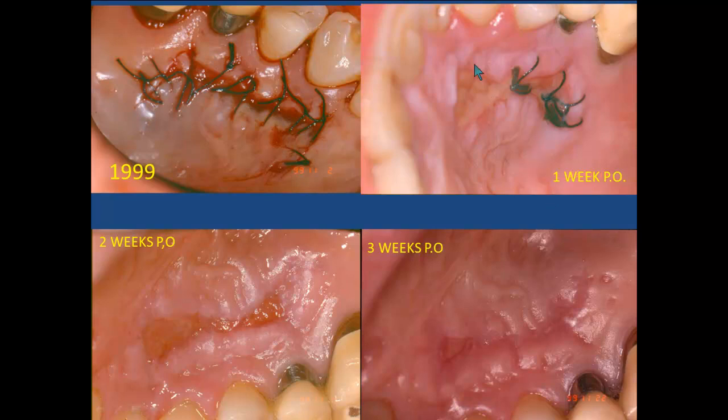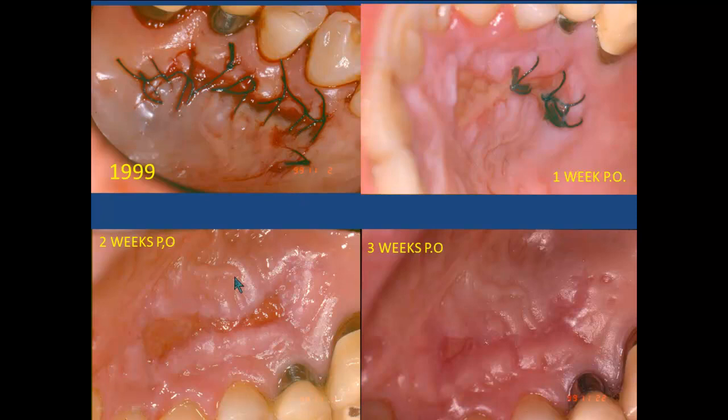Looking at the upper right slide, after 1 week post-operative, you can see the sloughing of the flap at the palatal area, at the incision lines, as the edges of the flap were not completely sealed together.